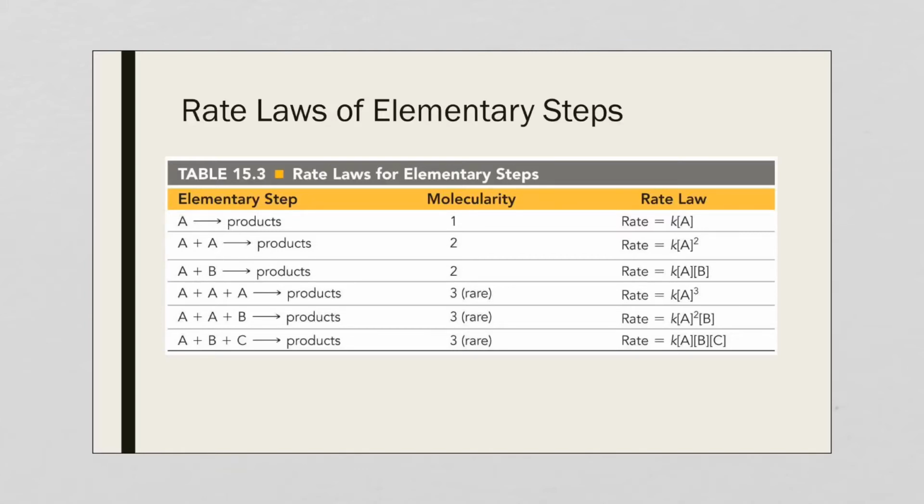If you have two different ones like we had in the previous ones, right, it's going to be first order in each of those, right? And these are going to be your most common. Now, these are examples of termolecular, really rare, right? You could have 3 of the same, you could have any combination, 2 and 1, 1 and 1 and 1, and you would write the corresponding rate laws where the number of molecules of that species represents the order of that species in the rate law of that elementary step.